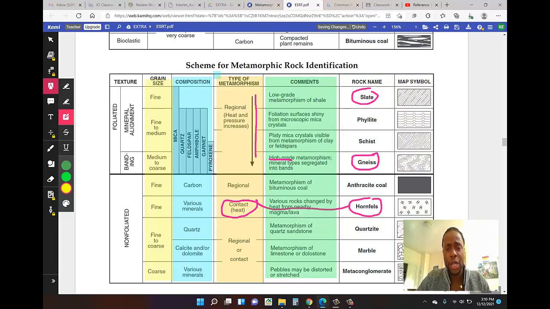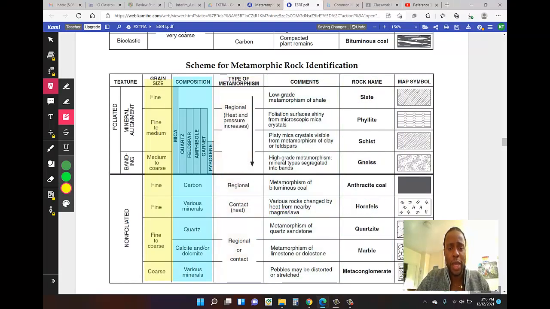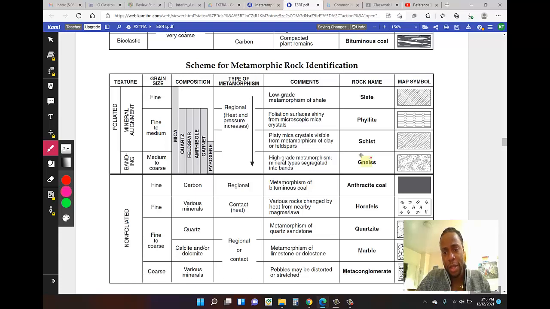Simple to read. So let's take two rock examples and talk about details of those rocks using this ESRT. Let's take a rock like gneiss, for example, right here. What kind of metamorphism did gneiss undergo? You can just simply read it to the left.